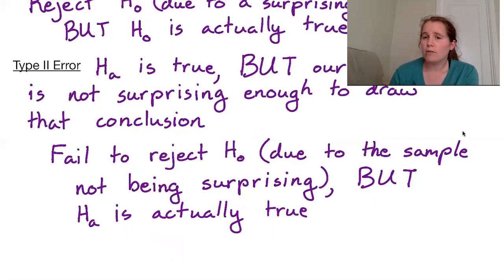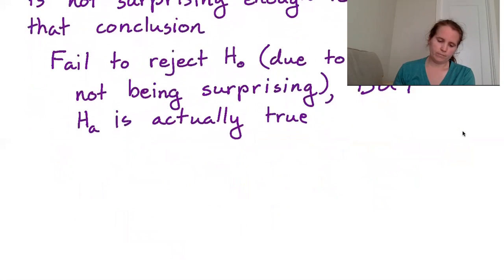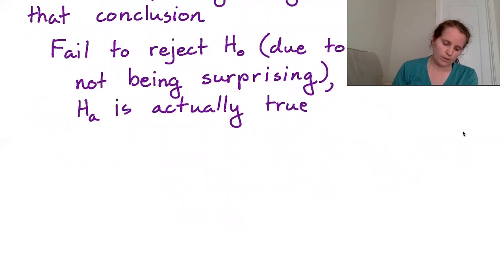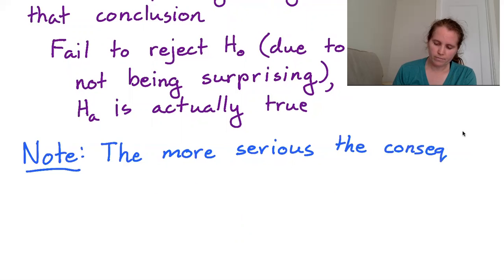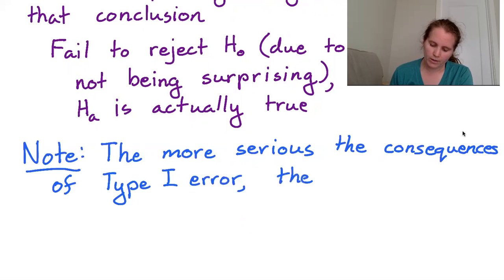So since the significance level is the probability of making a type 1 error, the more serious the consequences of a type 1 error, then the lower we should make the significance level.